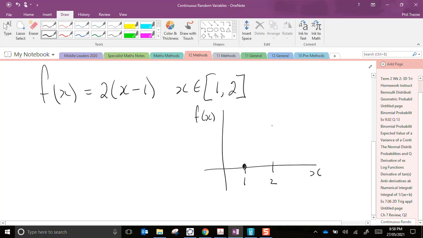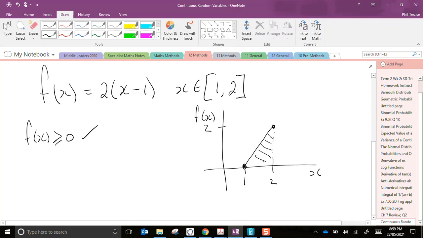So that would be up there in line with 2. And it's continuous, so there's a straight line across there. Now, it stops at that point. The function does not go any further. So is it positive? Yes. F of x is greater than or equal to 0 for the entire domain. Tick.